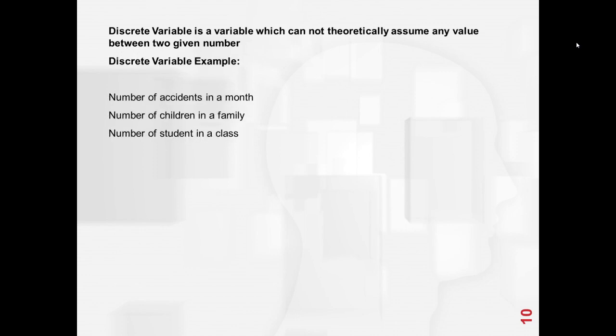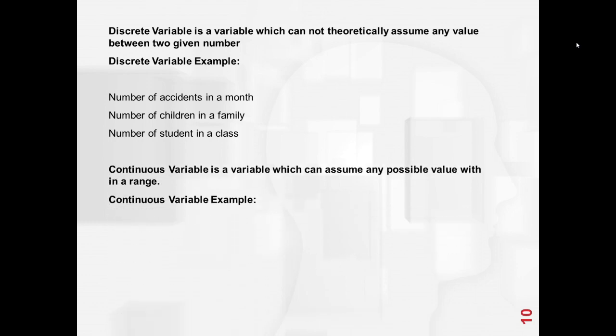A discrete variable is a variable which cannot theoretically assume any value between two given numbers. For example, number of accidents in a month, number of children in a family, number of students in a class. A continuous variable is a variable which can assume any possible value in a range.